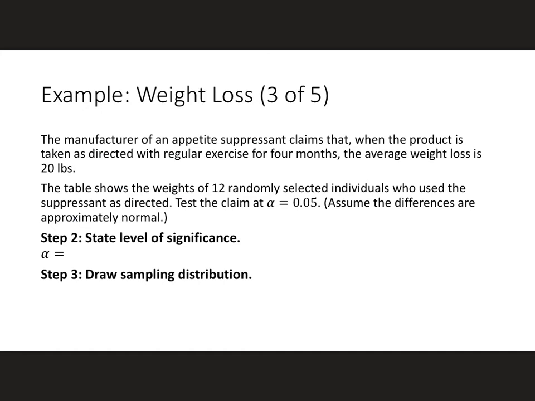Always write our alpha in. We're testing this at an alpha of 0.05. And our sampling distribution, of course, is a normal curve. And because the alternative is not equal to, this is a two-tailed test.